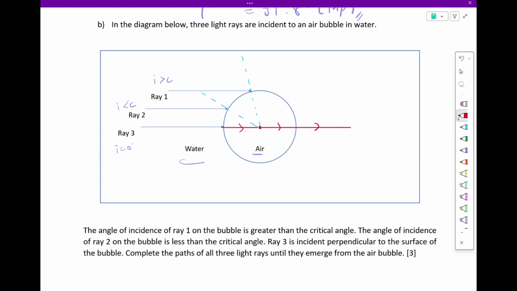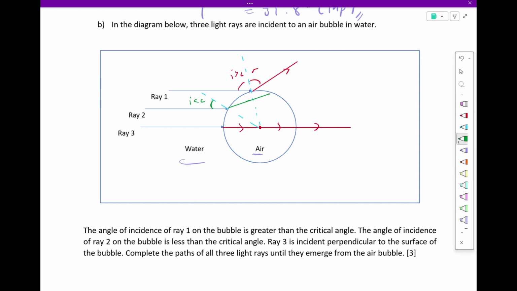Now that we have the normal, we can find that this is angle I, and this angle I is greater than c. So we will have an angle of reflection that equals I as well. Then for this one over here, because I is less than c, your light ray will undergo normal refraction. Ask yourself, you are traveling from optically denser water to optically less dense air, so you speed up and bend away from the normal.